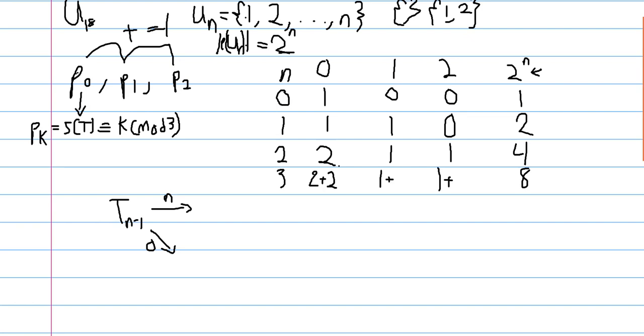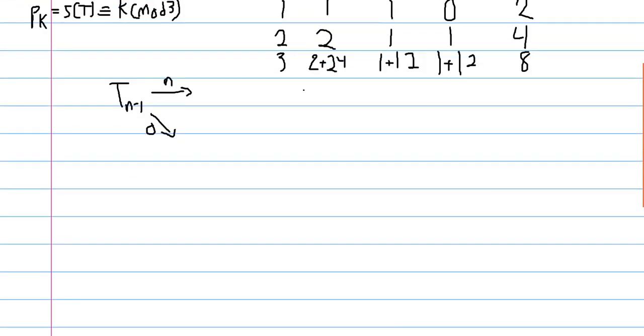In other words, here we have 2 plus 2. And if a set sums to 1 and we add 3, it's still going to be 1. And if we add 3 to a 2, we still get 2. So we also have 1. So we have 4, 2, and 2, which does add up to 8, so that's good.